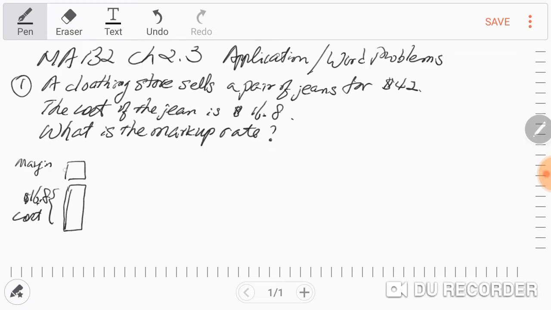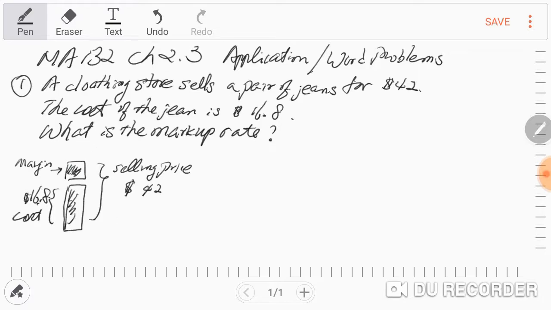This is the margin, and the sum of this margin and the cost will be your selling price. So the selling price is $42. Then from this, what is the margin?